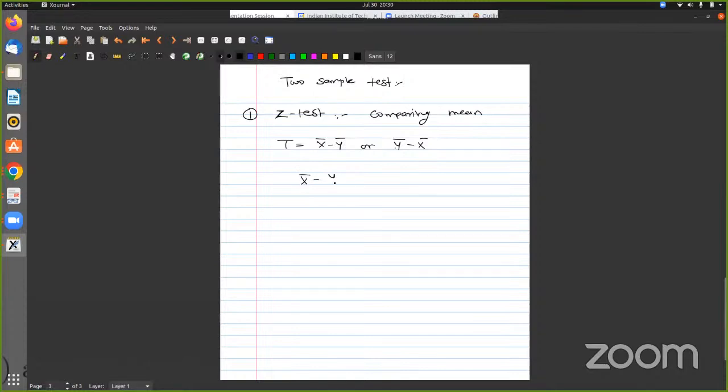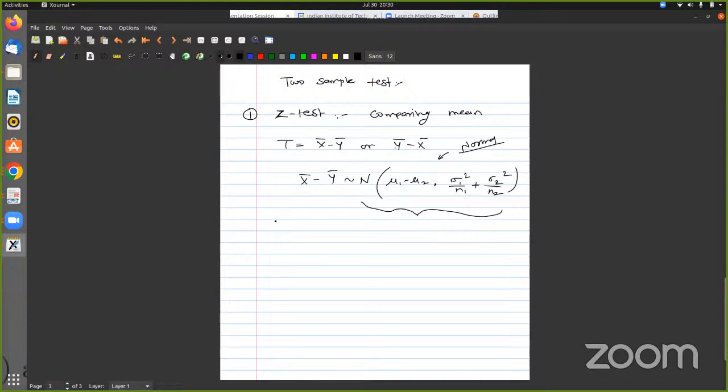Here x bar minus y bar belongs to a normal distribution with mean mu1 minus mu2 and variance sigma 1 square by n1 plus sigma 2 square by n2, where n1 and n2 are the numbers of samples for x and y.